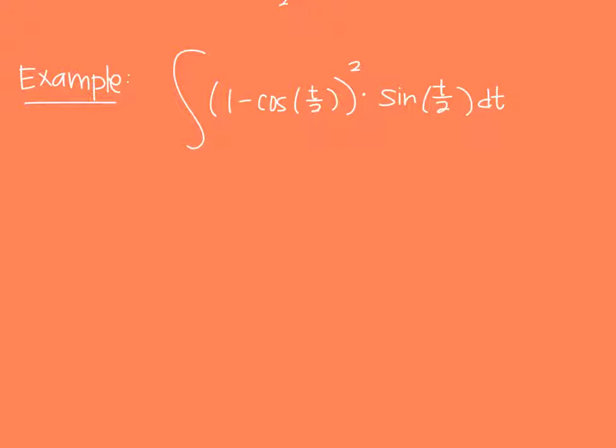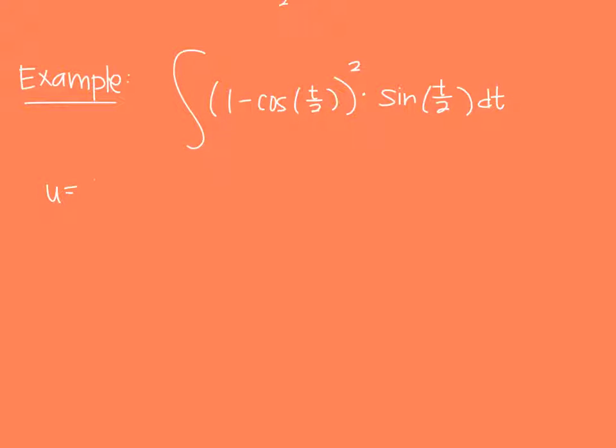So you have a couple different choices for your u at this point, but you want to choose the interior of the most complex. Okay, so you're not just going to pick t over 2. Although it is inside, that's inside cosine, which is after minus 1, which is also inside parentheses. So you want to pick something that's large enough.